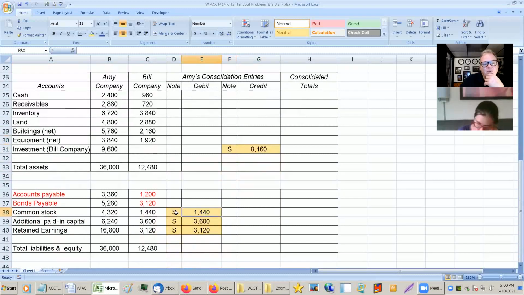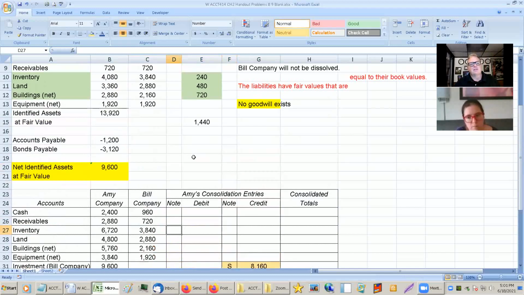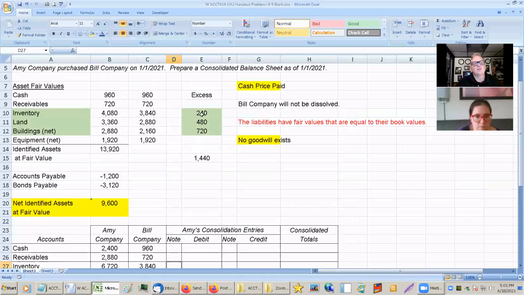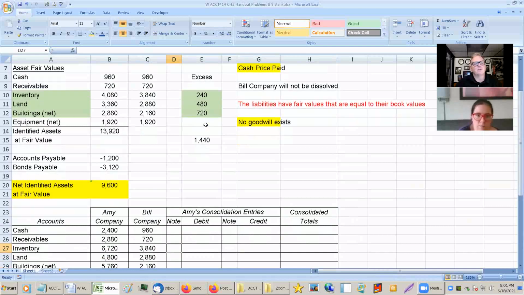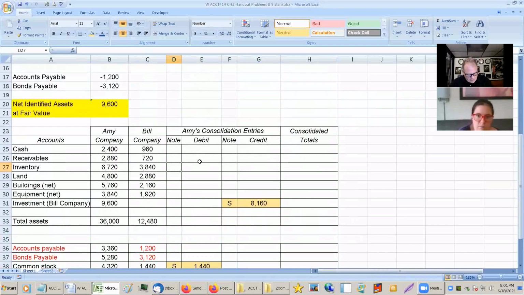All right, so the stock comes off, and this comes off at book value. These are all book values. But then we have to do the assets. So we have to go up here to these assets and add on the excess. So inventory gets an additional 240.